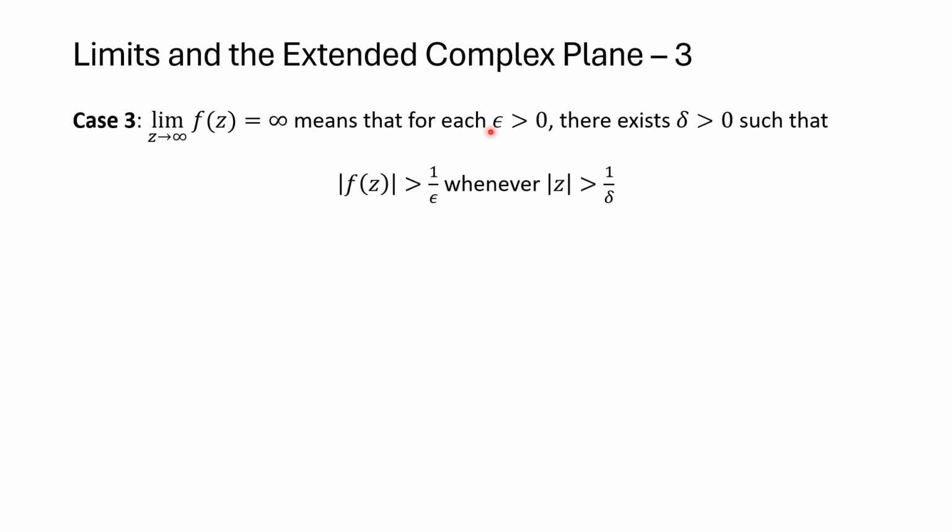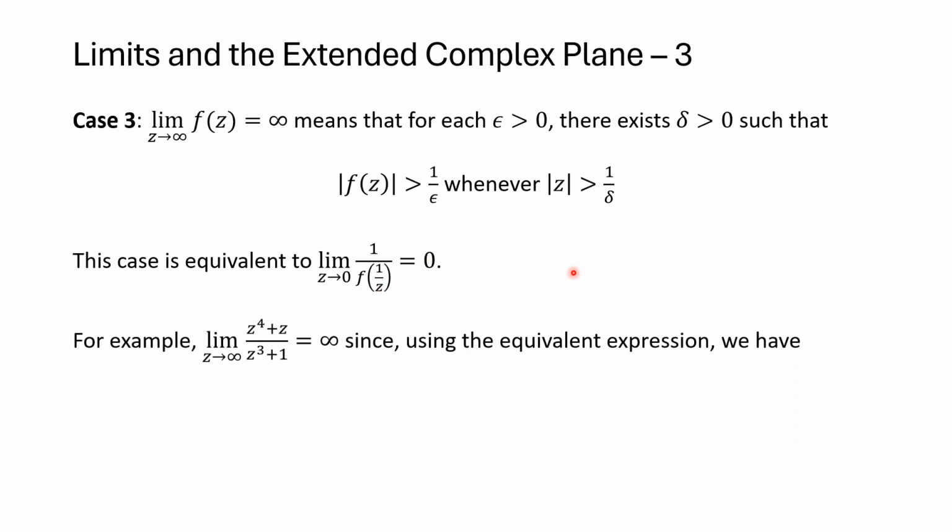So the technical definition in terms of limits we have here: for every epsilon greater than 0, there exists a delta greater than 0 such that the modulus of f of z is greater than 1 over epsilon whenever the modulus of z is greater than 1 over delta. And this limit is equivalent to the limit as z approaches 0 of 1 over f of 1 over z equaling 0.